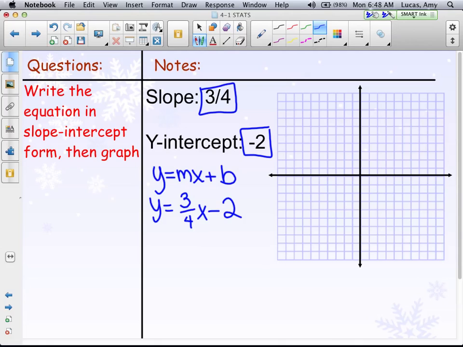To graph it, just like the last two, my intercept is where I start, so start out at -2, and my slope, rise over run, so I'm going to rise 3, run 4. So I go up 3, and then I'm going to go over 4 to the right. Up 3, over 4, and then draw my line.